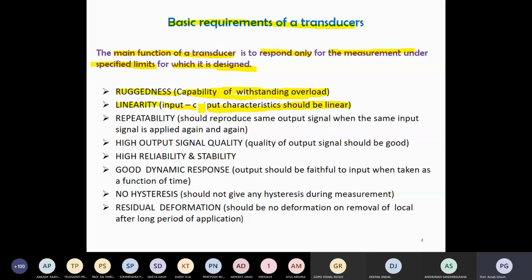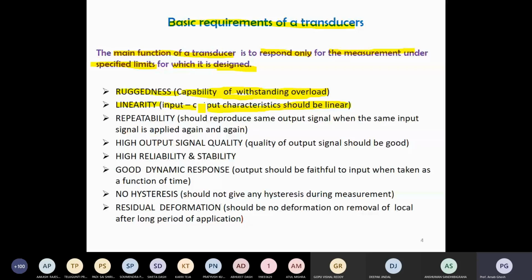If it is not constant, it is a non-linear zone of operation. If it stays constant, that means delta x by delta y is constant throughout the operating point, so it is linear mode of operation. You have to select up to the linear mode of operation.